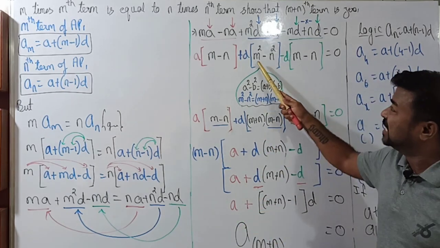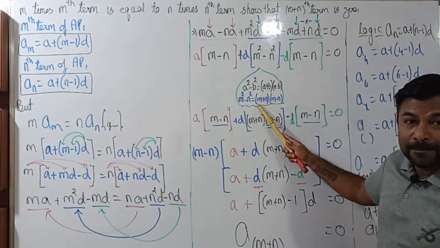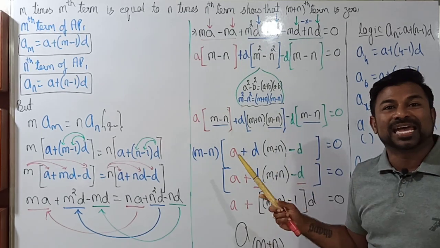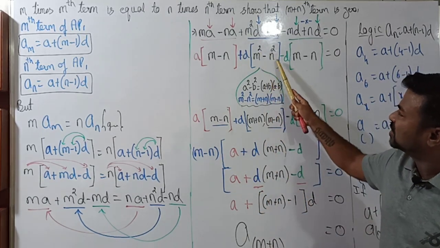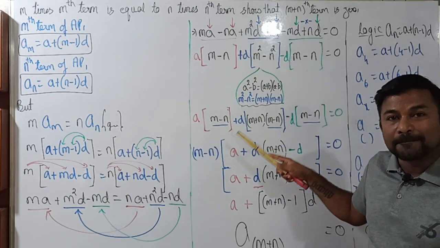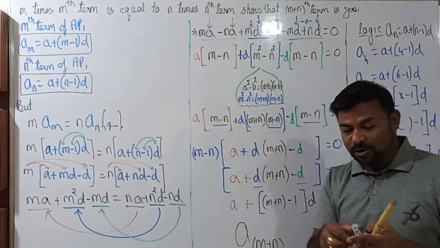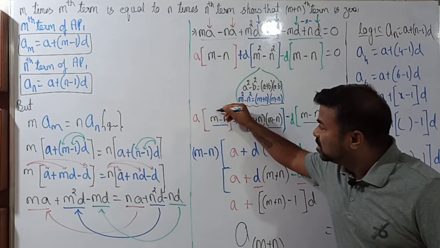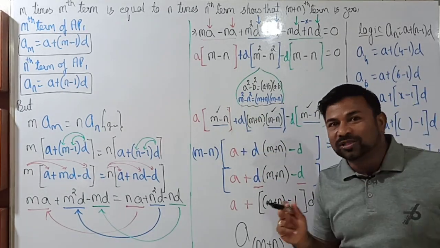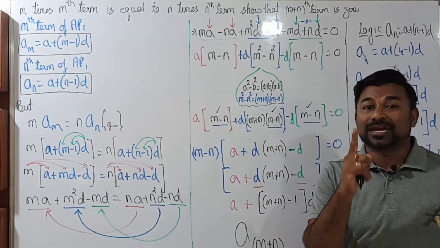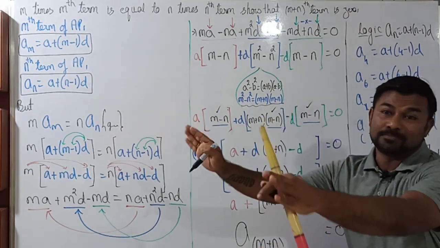Now, as it is dealing in terms of m and n, m plus n into m minus n. That is the tricky part. So see here, m square minus n square, I have written in the form of m plus n into m minus n. Now, m minus n here, m minus n here, and also m minus n here. All the 3 terms, right? They are having m minus n. Now take out that m minus n outside.